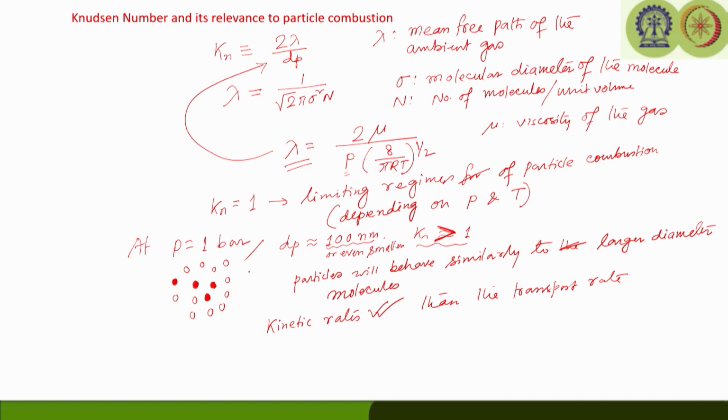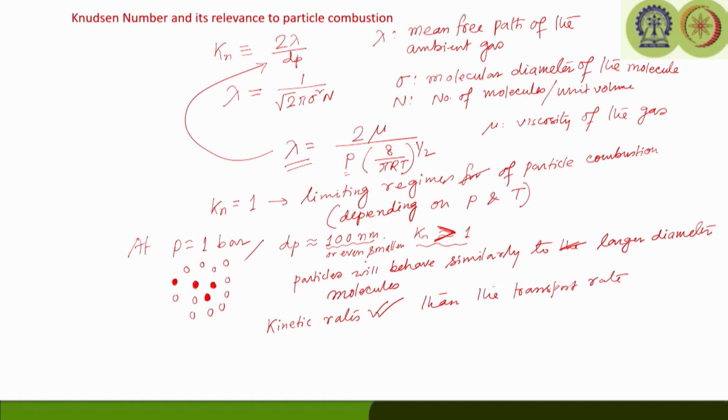Now, due to this there is appreciable interest in nano size metal particles for combustion applications, but of course we need to consider this length scale just to give an idea about its relevance to particle combustion. That is why we need to consider the Knudsen number.